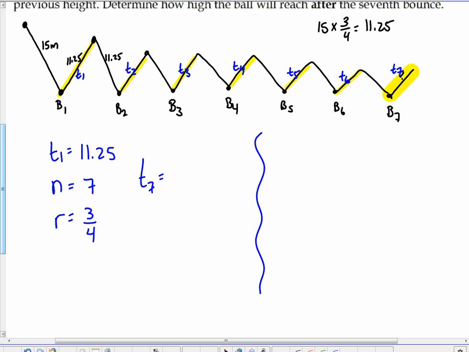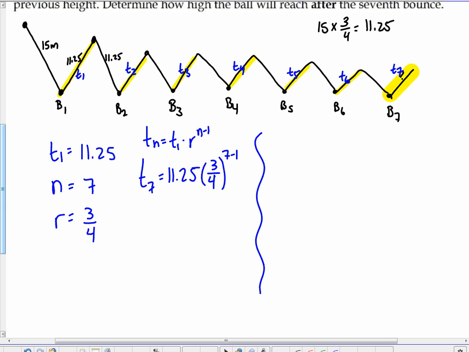So T7, now we got our first term, 11.25. So we're using the formula T1 times r to the power of n minus 1. Common ratio is 3/4. Sorry. I hate that. 3/4 to the power of 7 minus 1.